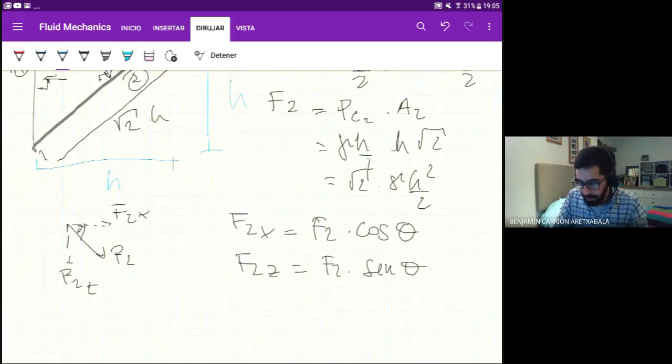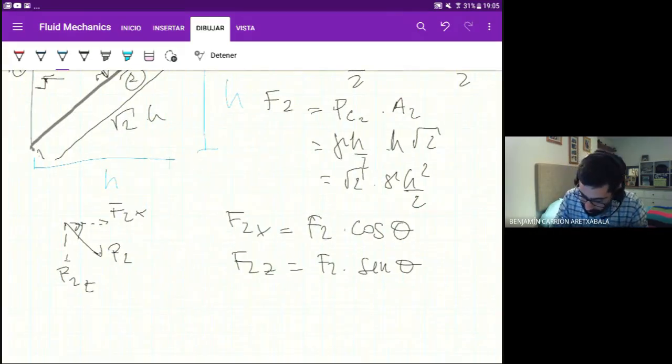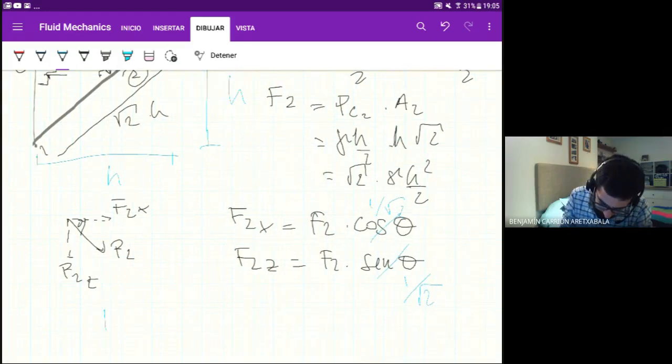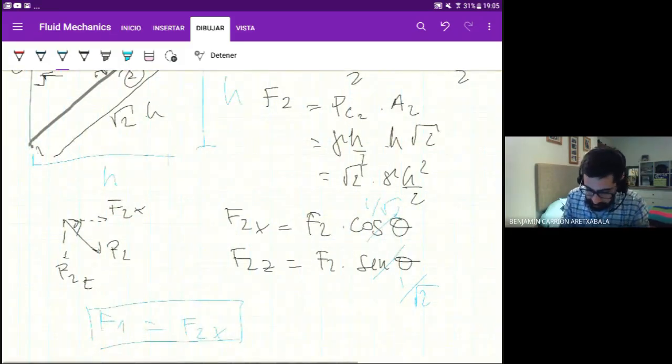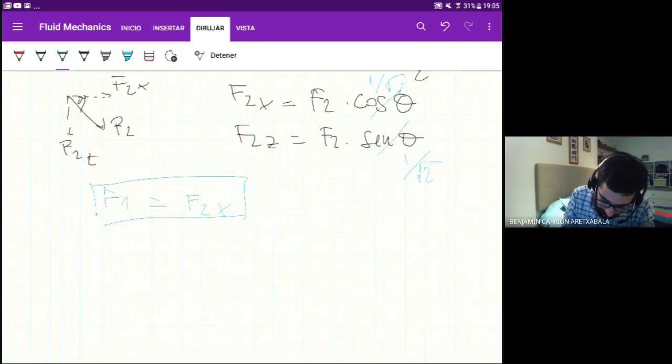If anyone can confirm, that would be great. So this should be 1 over square root of 2. So you're right, F1 has to be equal to F2 projected on X. Has to be. And you can check it on your own.